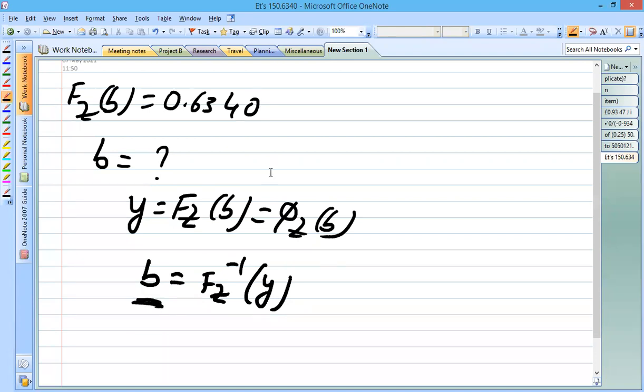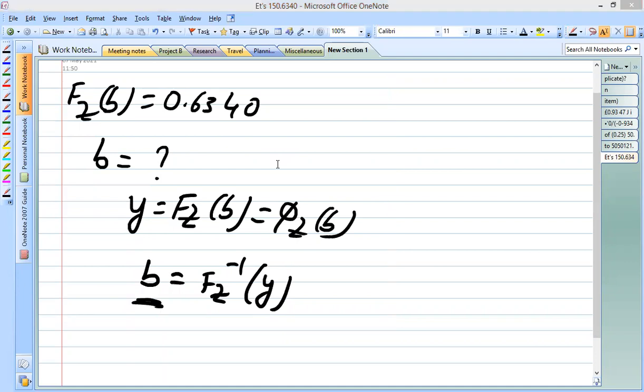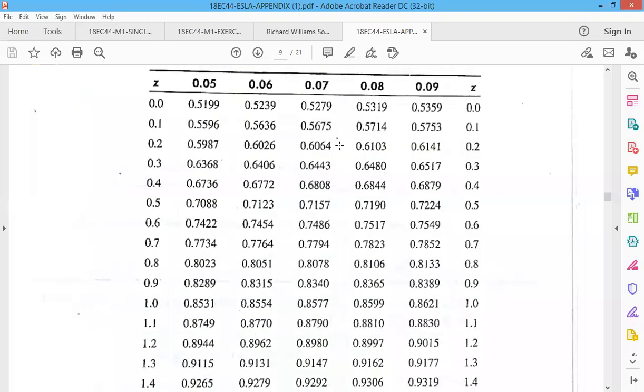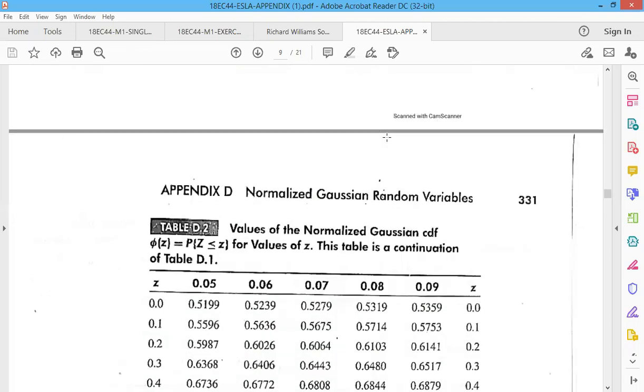So let us go back to appendix D. Just look at the table that is given here. Go to page number 8.